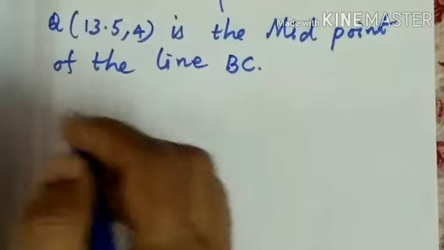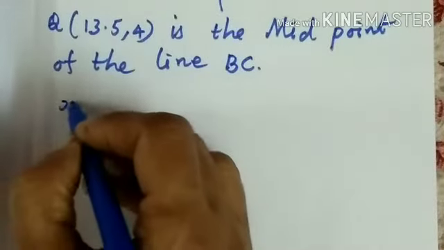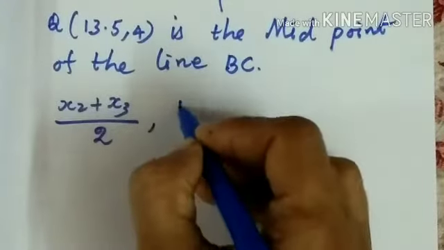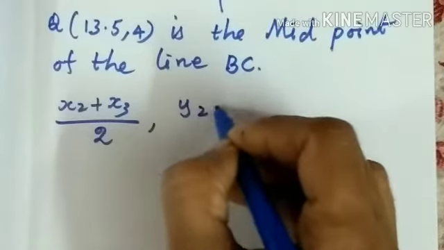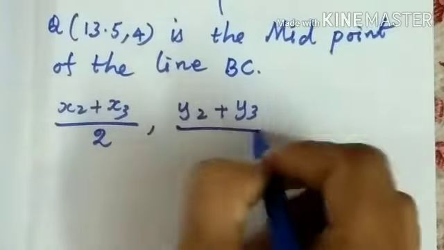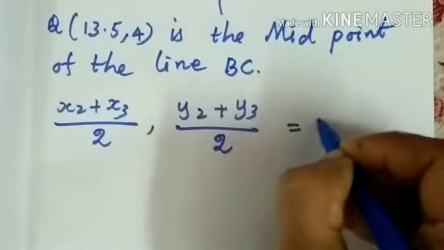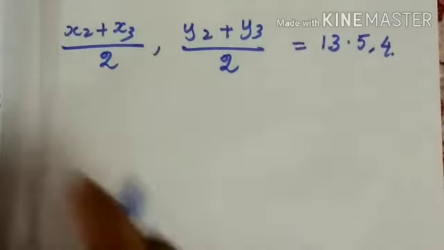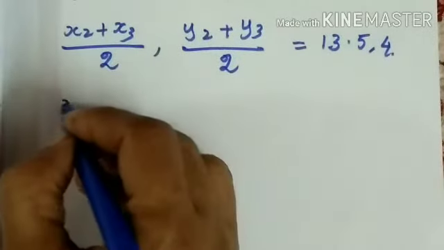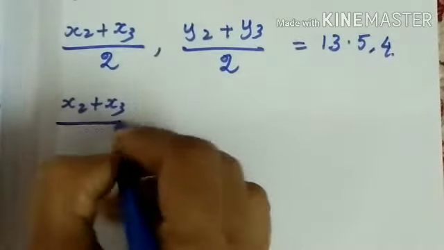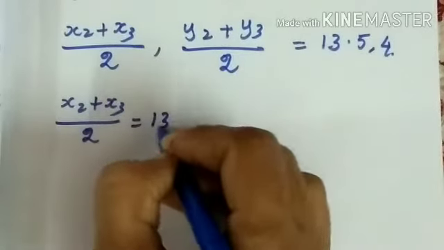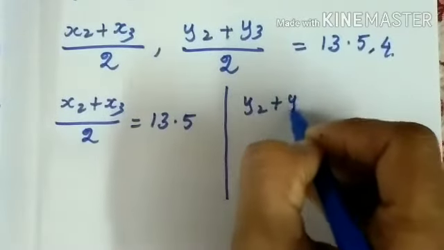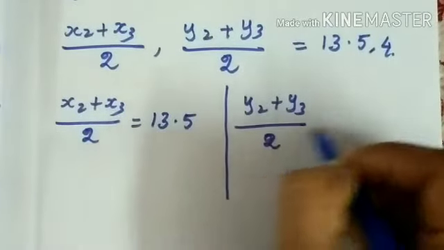Now you apply the midpoint formula, means we get ((x2 plus x3) by 2, (y2 plus y3) by 2) is equal to (13.5, 4). Now comparing the coordinates, we get (x2 plus x3) by 2 is equal to 13.5, then (y2 plus y3) by 2 is equal to 4.